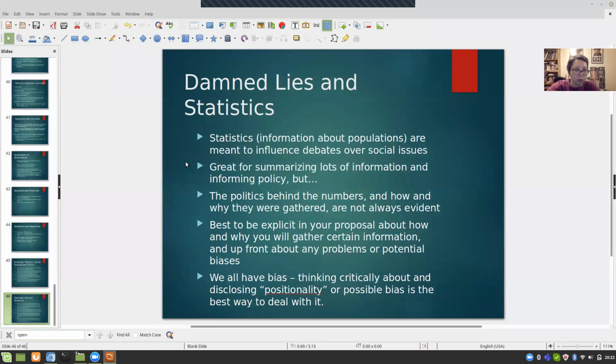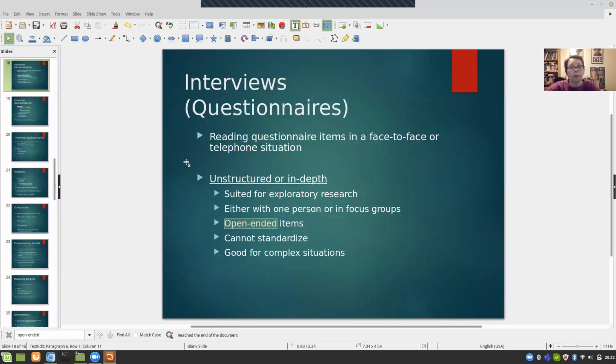So I'm just going to search for open-ended here and look. It's going to find all the instances where I use that word. So that can be a good way to quickly find information as you're going through the quizzes. You can also use Control F on your keyboard to pull up the find in most applications.